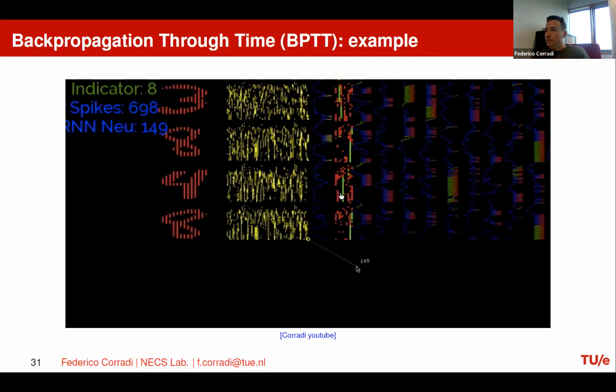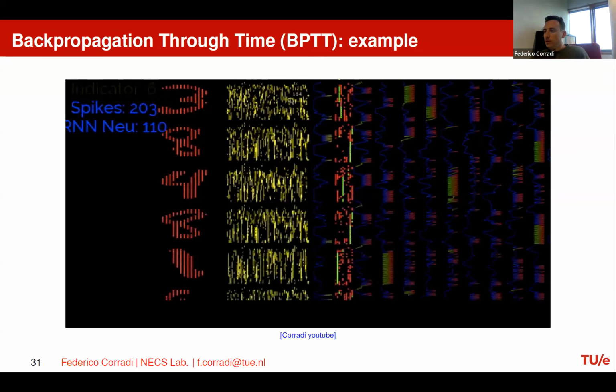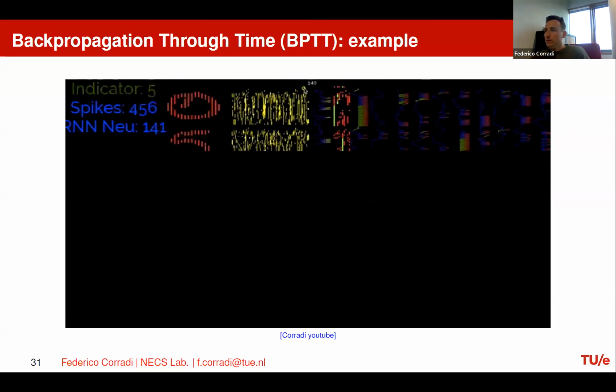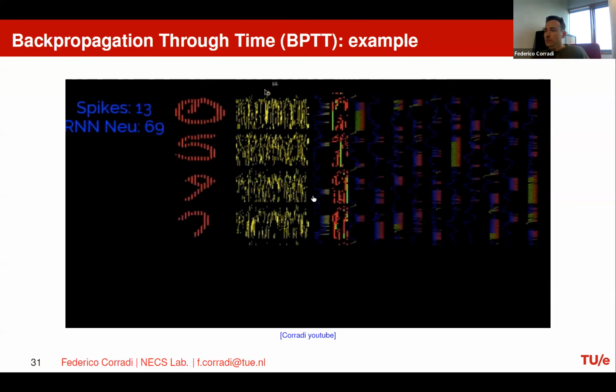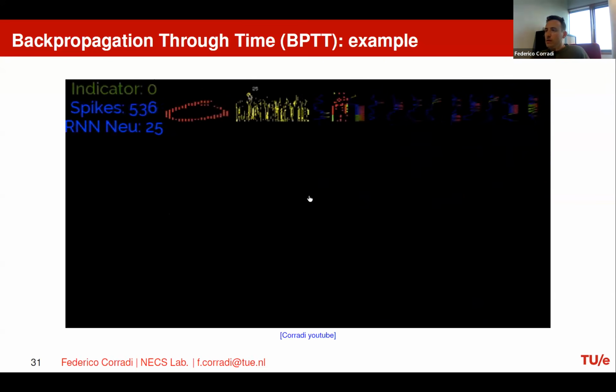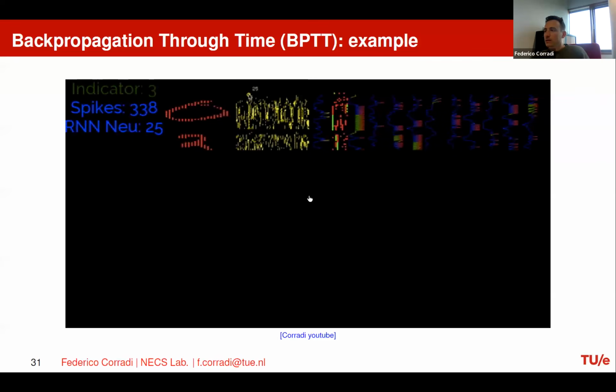And now if I manage to stop it at a good point, for example, here it is already 5. Like slightly here. So we see that, for example, the network at the beginning only saw this part here, right? So this could actually be a 2, the beginning of a 2, right?